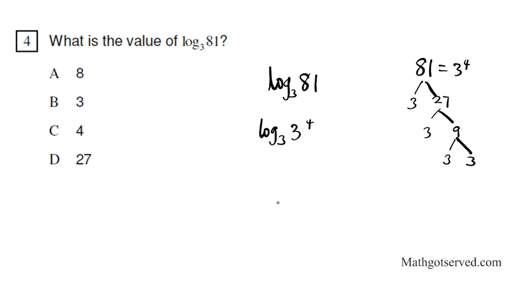Now we're going to use the inverse property of logarithms. The exponent and logarithm are inverses, so these cancel each other out, and you're left with 4. So the answer to question number 4 is C.